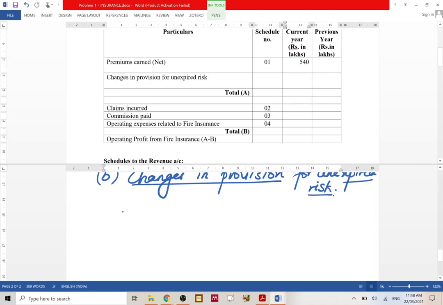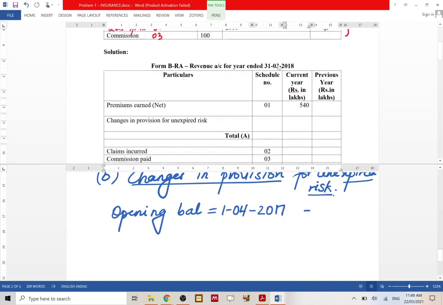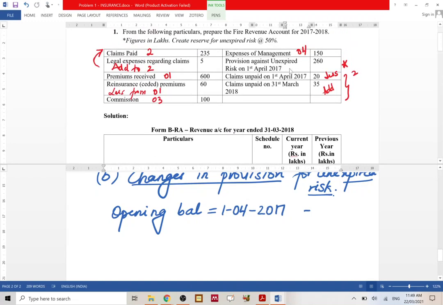This will first have the opening balance, which is on 1st April 2017. How much was the balance? Given in the problem, the provision for unexpired risk of last year is 260, isn't it?